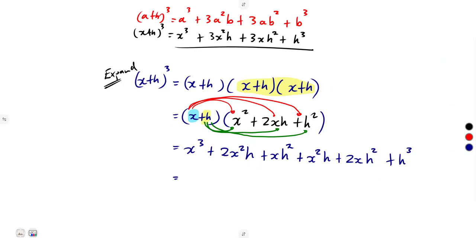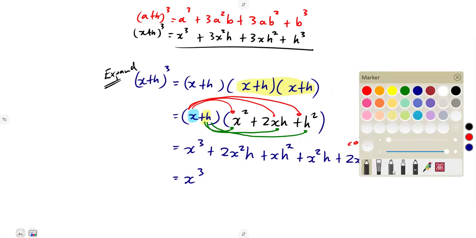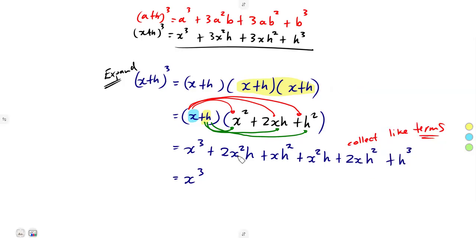Then you have to collect the like terms. So let's collect our like terms and see if we're going to have exactly this answer that we could have obtained by knowing your identities. We can see that there is x squared h, x squared h, x squared h.